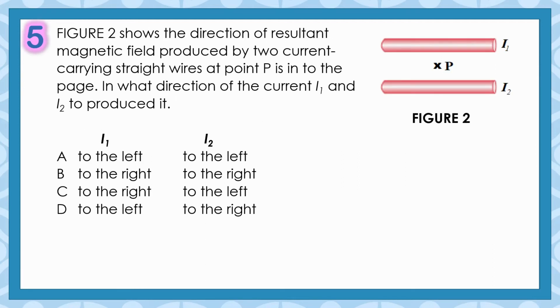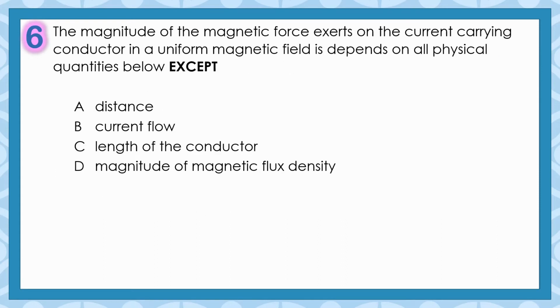For question number 5, Figure 2 shows the direction of the resultant magnetic field produced by two current carrying straight wires at a point P is into the page. In what direction are the currents I1 and I2 to produce it? For question number 6, the magnitude of the magnetic force exerted on the current carrying conductor in a uniform magnetic field depends on all physical quantities below except?